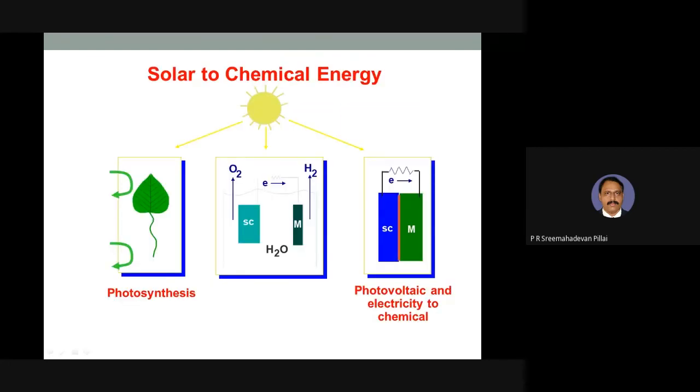Now, solar energy we can have in 2 ways. One is chemical energy, which we use in fuel cells. Similarly, we can have photovoltaic, where the light energy is converted into electrical energy. And of course, the plants are also using the solar energy for photosynthesis. So, we can have 3 systems of solar energy.